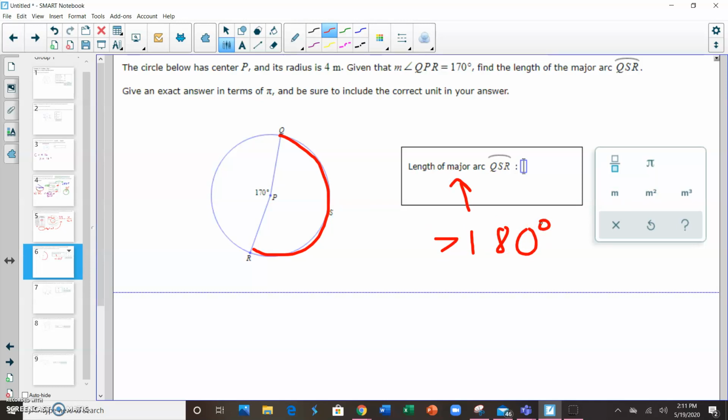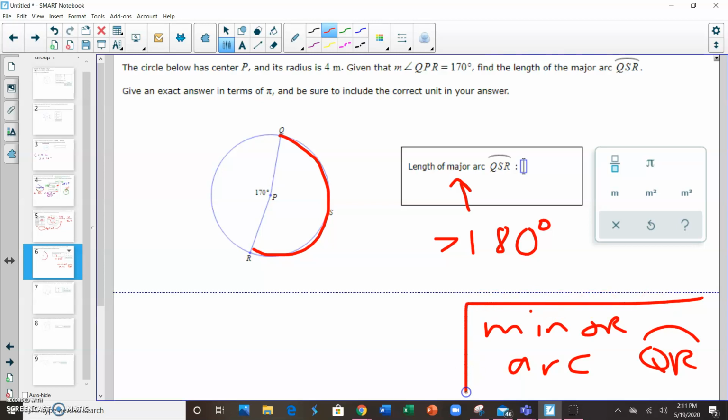So that's why it's called a major arc. If we were doing a minor arc, it would be QR. So if there's only 2 letters, it's the minor arc. If there's 3 letters, that's the major arc. So that's another way to tell the difference between a minor and a major arc. This is just extra information.